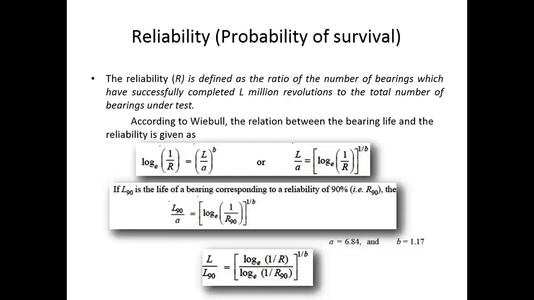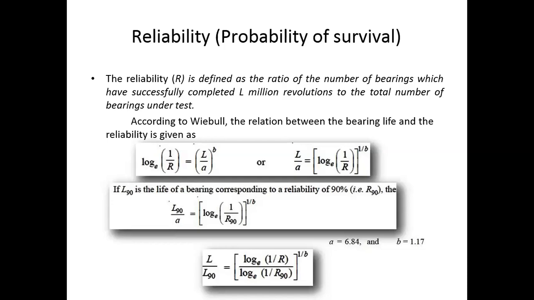Now, reliability, or probability of survival. The reliability is defined as the ratio of the number of bearings which have successfully completed a million revolutions to the total number of bearings under test.